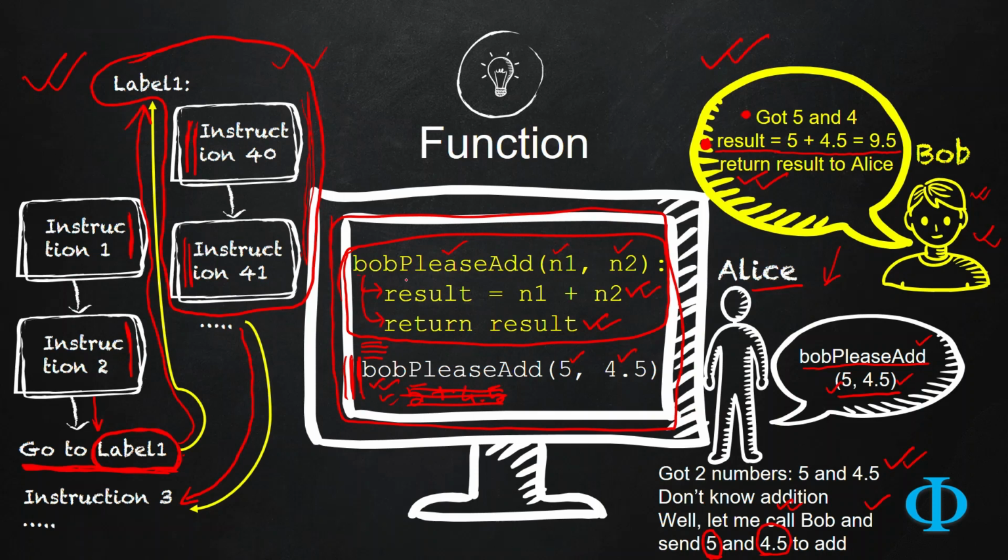Here the function Bob please add is receiving those two numbers, 5 and 4.5, and then it is calculating the result, that is n1 plus n2, which is basically 5 plus 4.5.